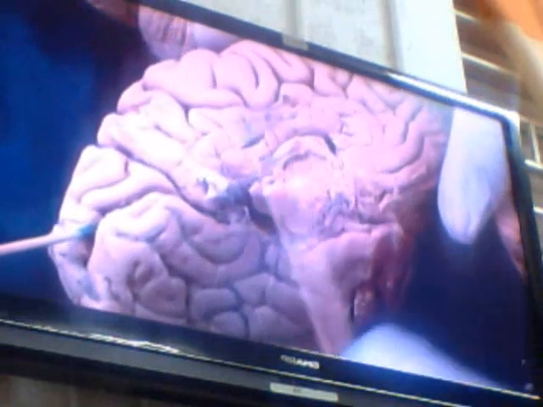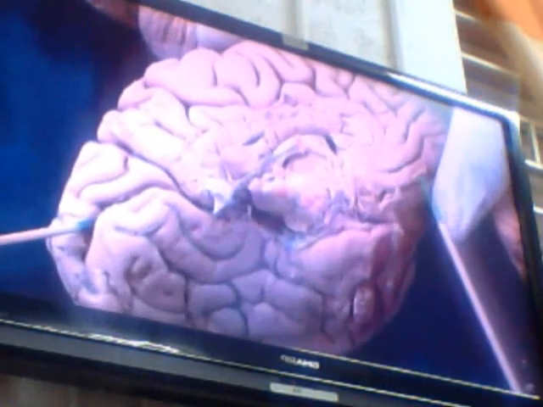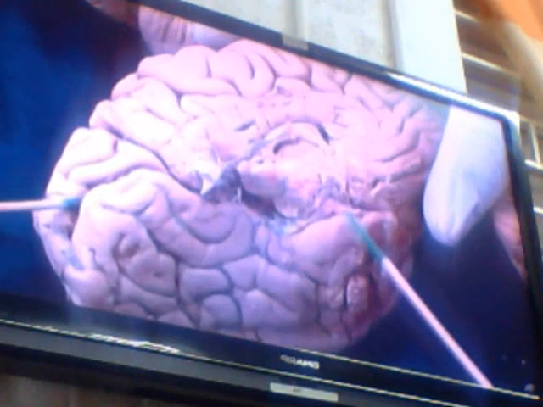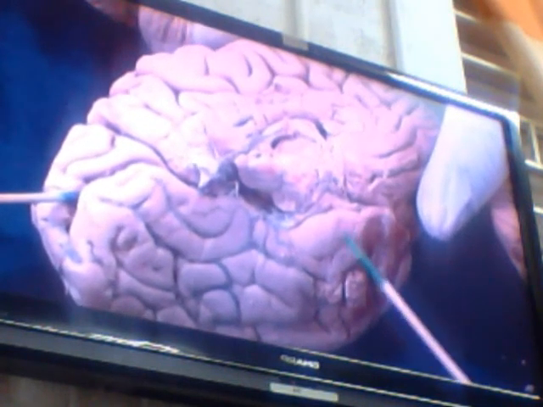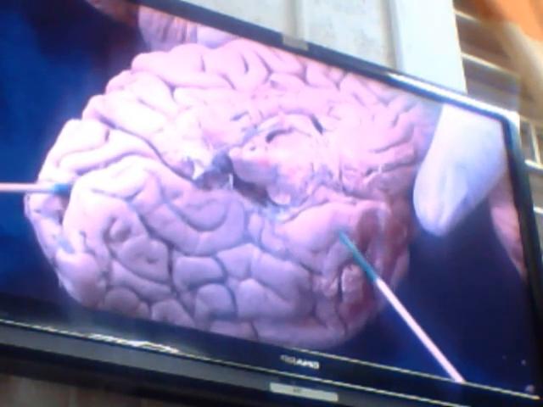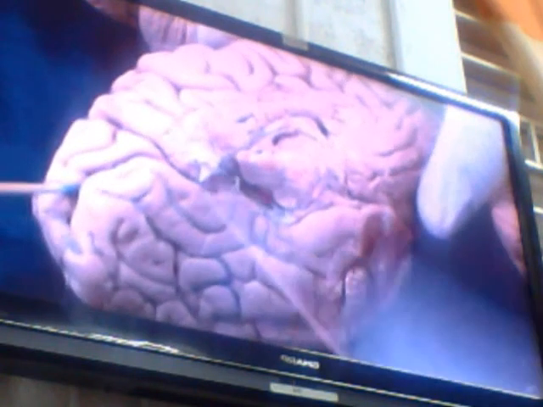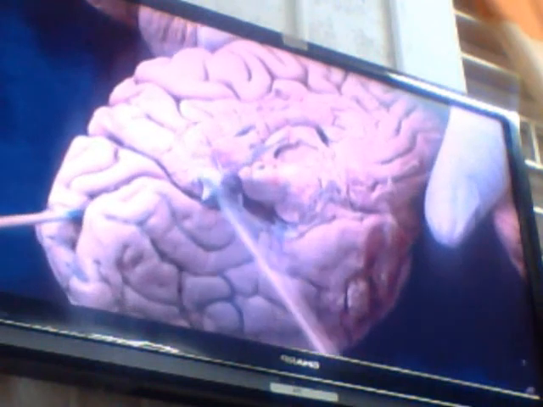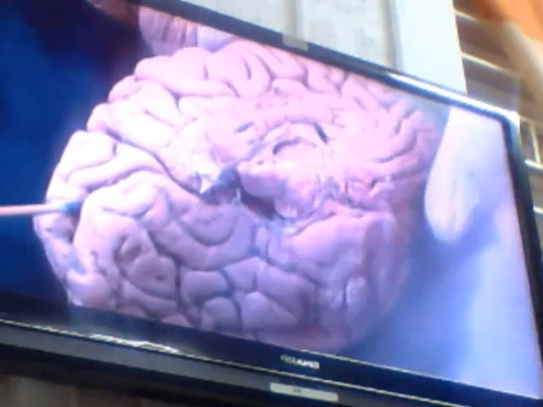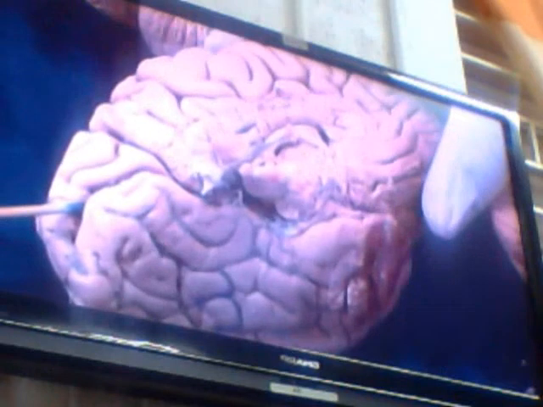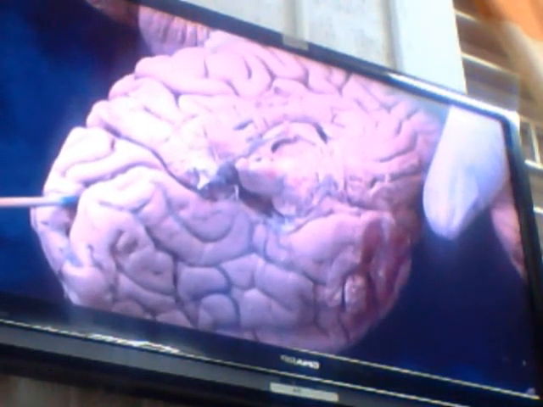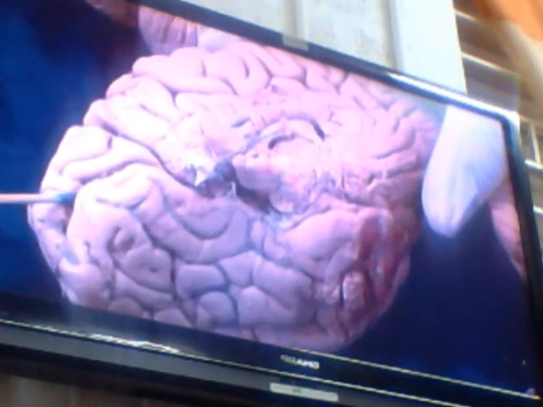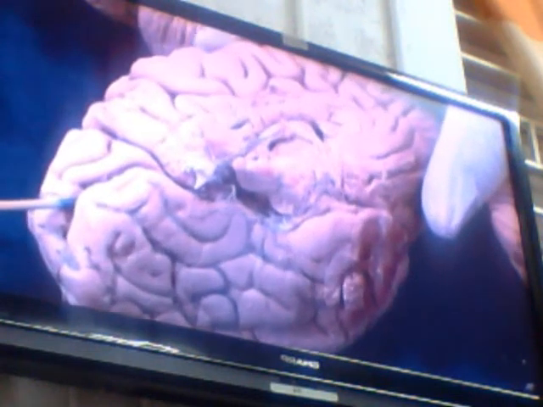Now this lobe, the limbic lobe, has to do with a lot of learning because the hippocampus is associated with this parahippocampal lobe. It has to do a lot with emotions, behavior patterns, and with producing the next generation.